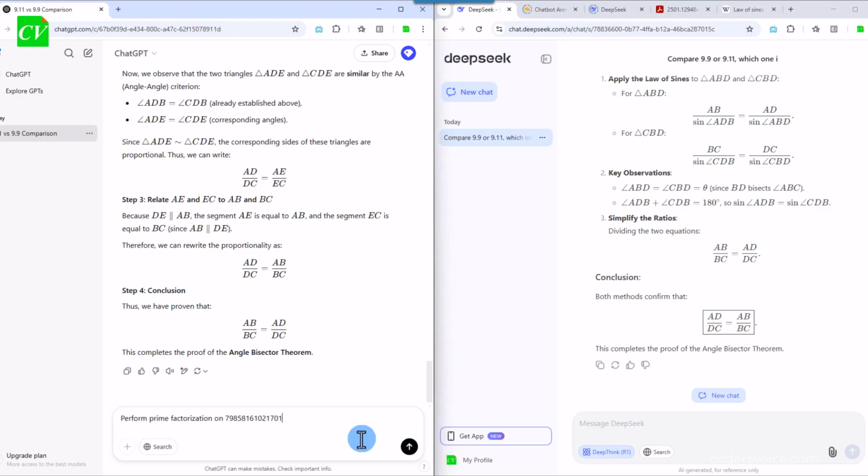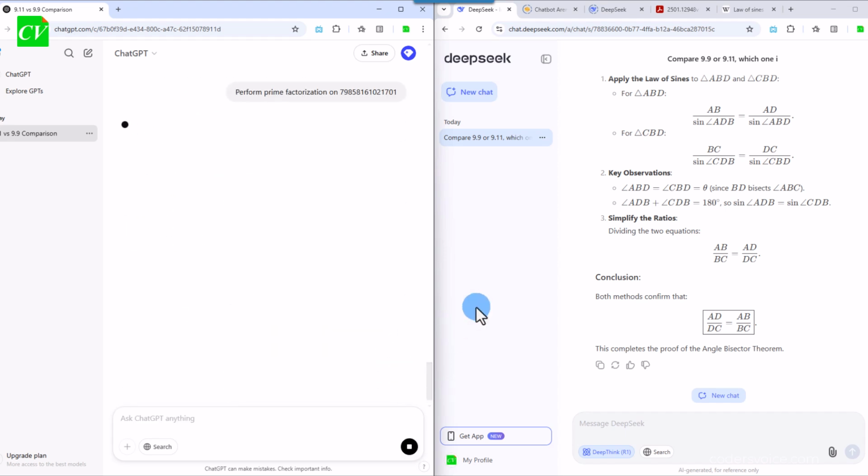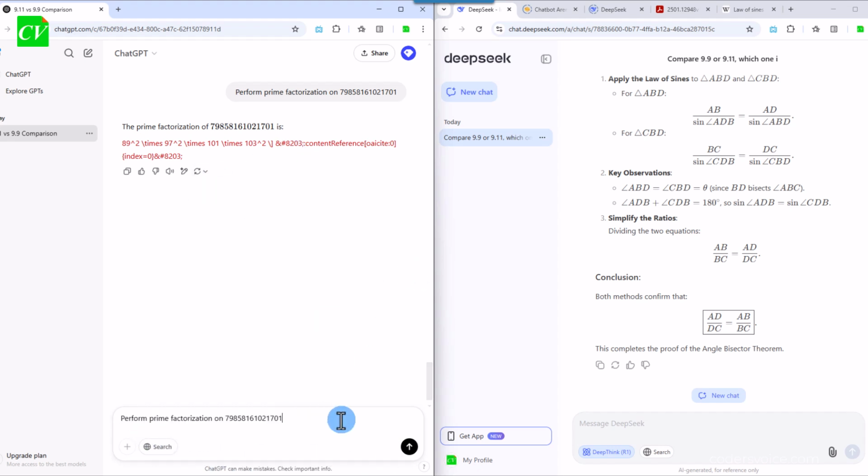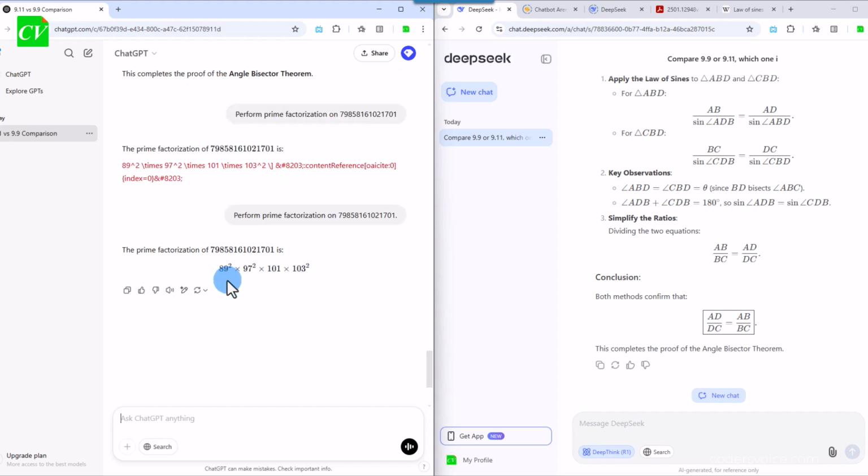Copy the question to ChatGPT. It seems that it gives the correct answer, but the display is messed up. Now let me do it again. Okay, this is the correct answer. Let's take a look at DeepSeek.